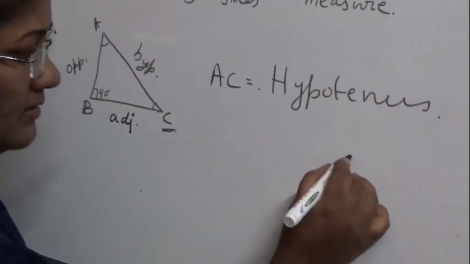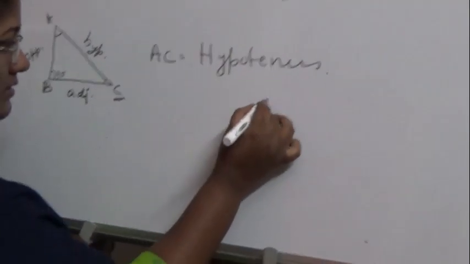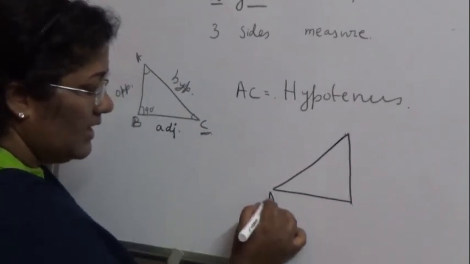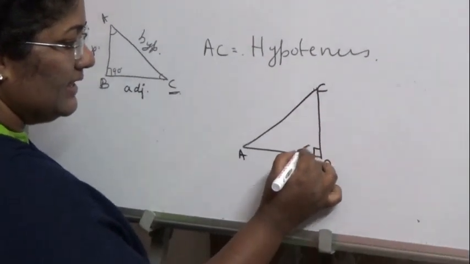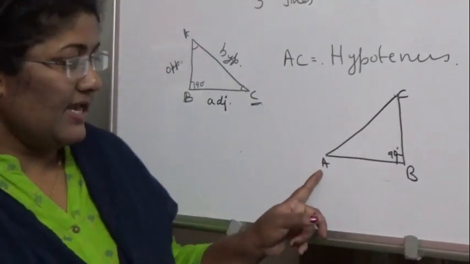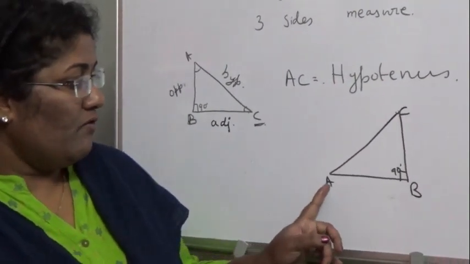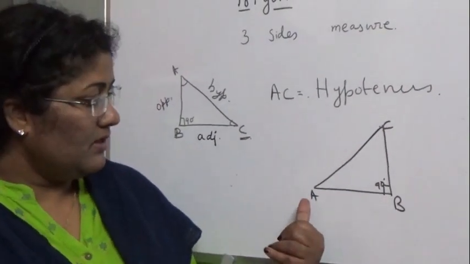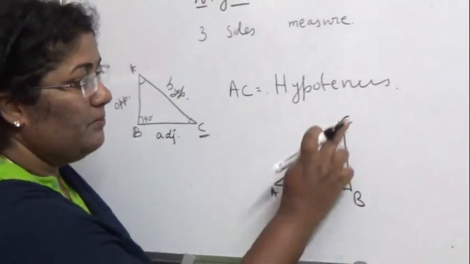I draw another right triangle ABC, where B is 90 degrees. If I consider the acute angle A, then the opposite side of this angle is BC.